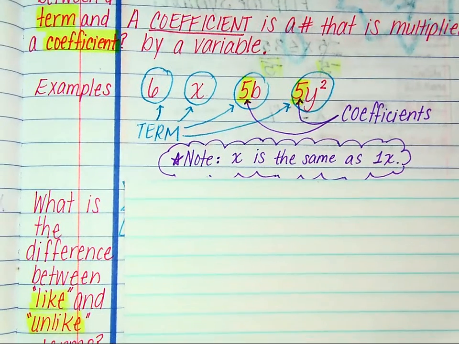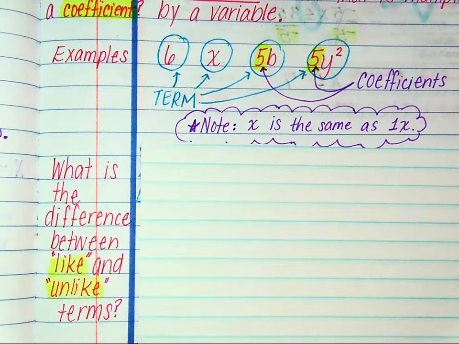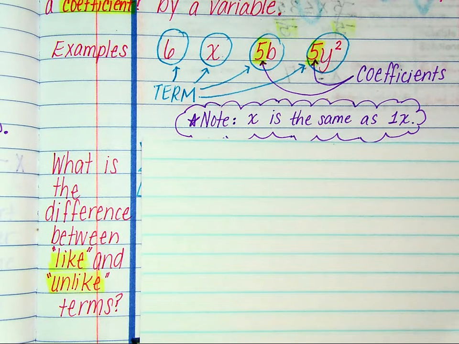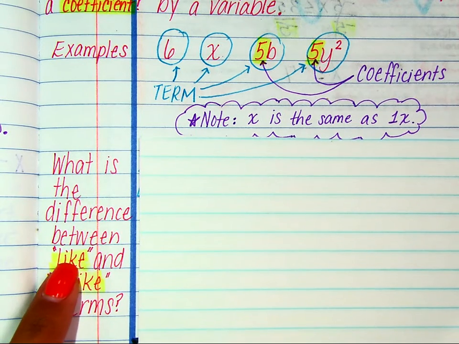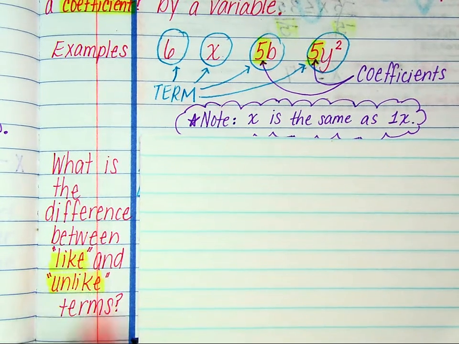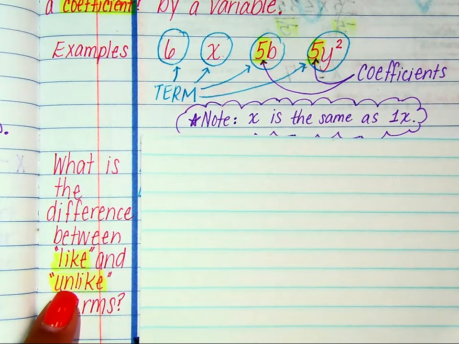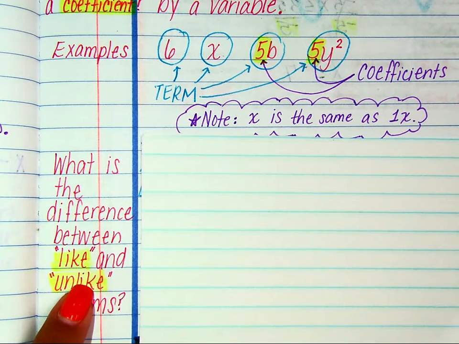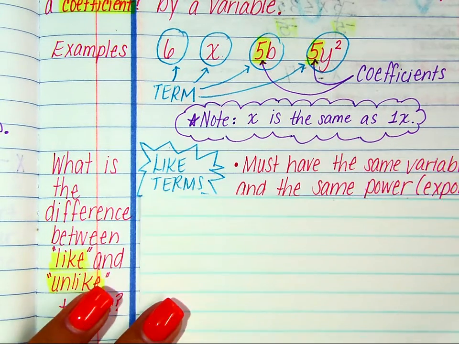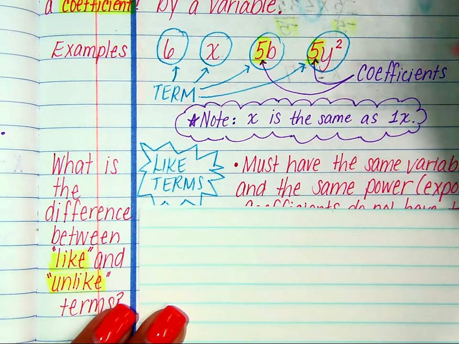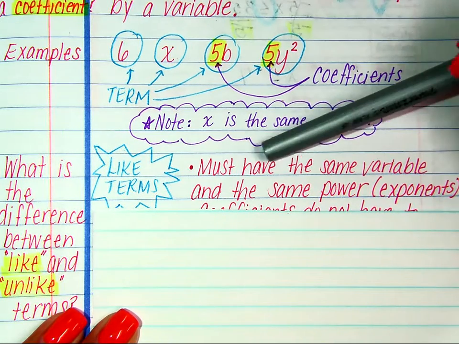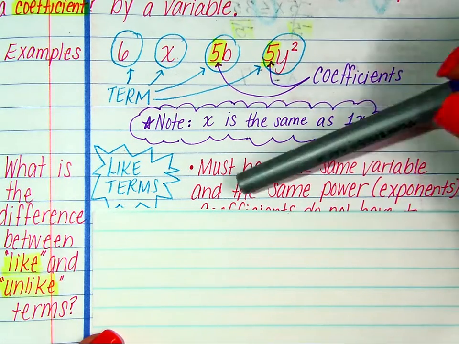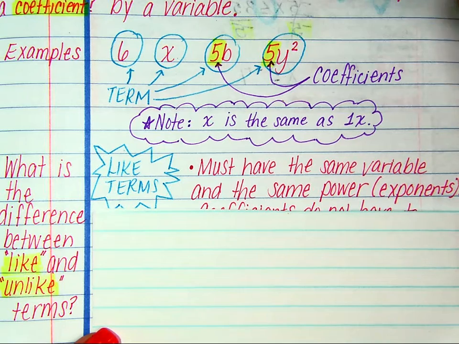So our next question that we want to look at is, what is the difference between like and unlike terms? So if you think about that, things that are alike or like are similar. Things that are unlike are different. And so we have to know that like terms must have the same variable and the same power or exponent.